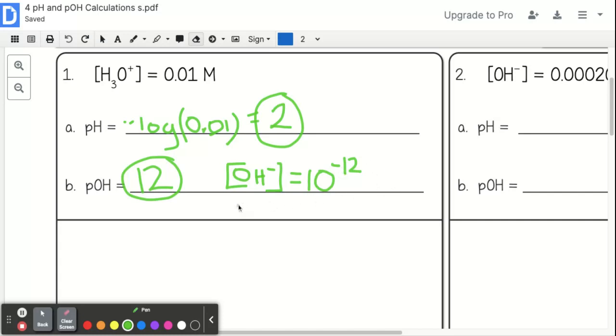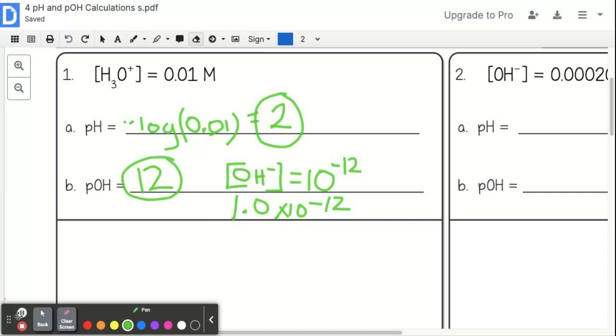And that's just going to give you, in this case, 1.0 times 10 to the negative 12th. Okay, and that would be the concentration of OH. So you can find all of these values depending on what you're given. You just have to get there on a different pathway depending on what you have.